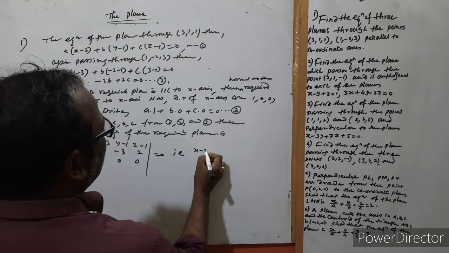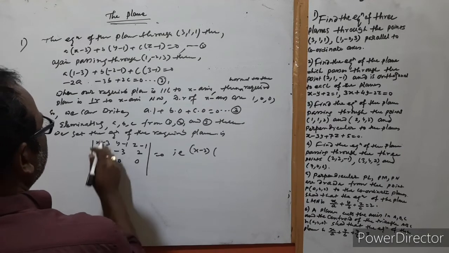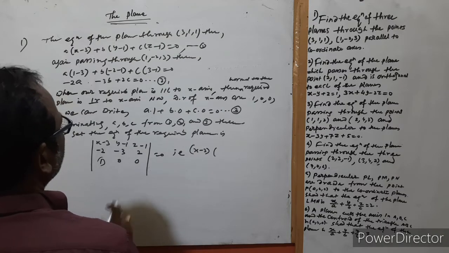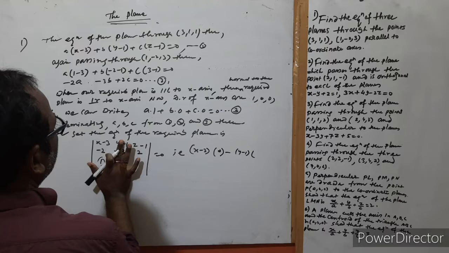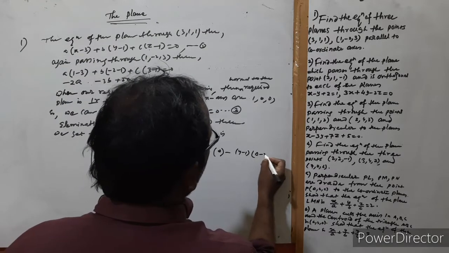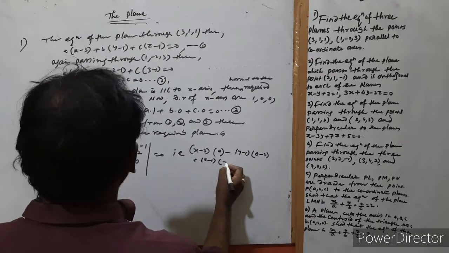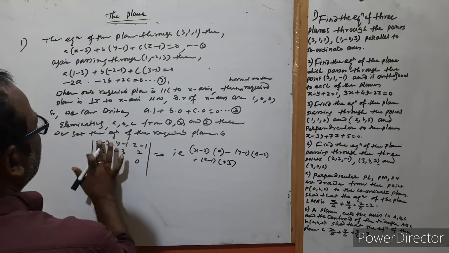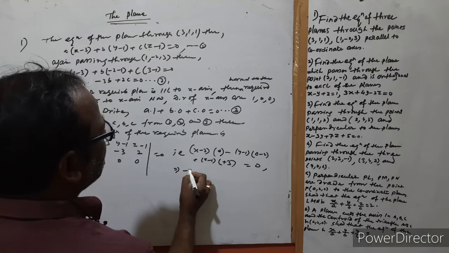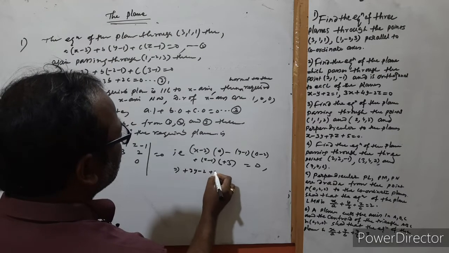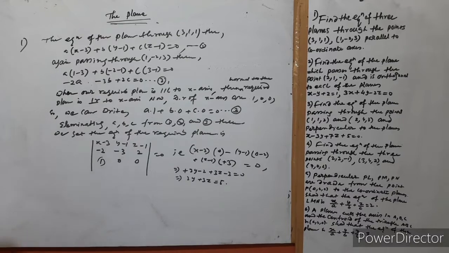Expanding, the terms with the zeros vanish, and we get minus 2(y minus 1) minus 3(z minus 1) equal to 0, that is minus 2y minus 2 ... 3z minus 3 equal to 0, so 2y plus 3z equal to 5.